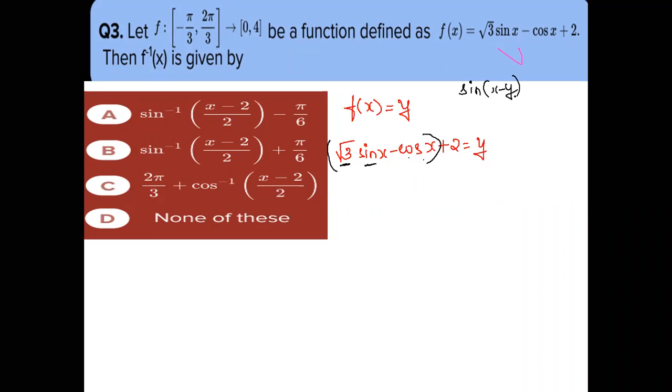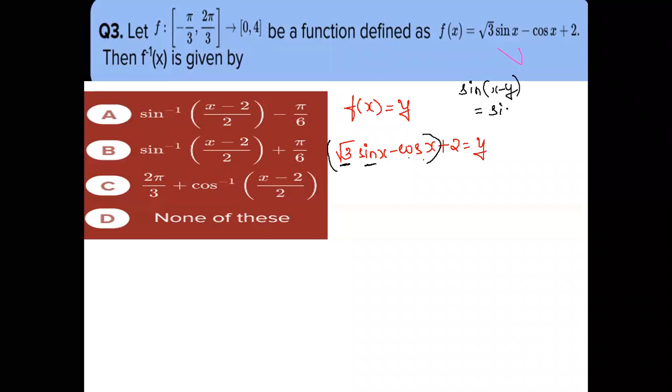What is sin x minus y, students? Formula of sin x minus y.